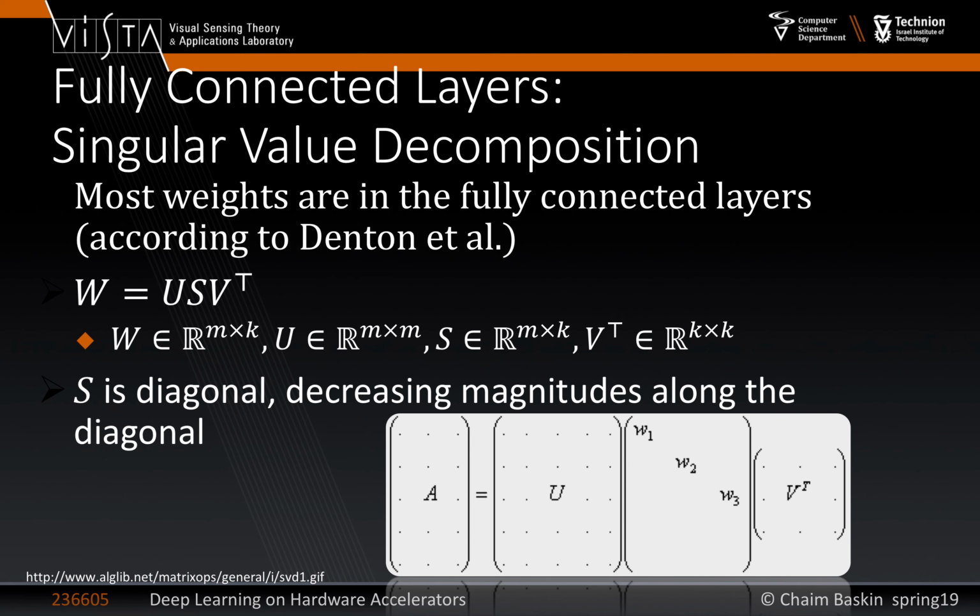Great. So the first method for reducing the computation is pruning, and the first pruning method that I will show you is singular value decomposition. This work was done 5 years ago. Five years ago, most networks were composed of at least 3 or 4 fully connected layers.